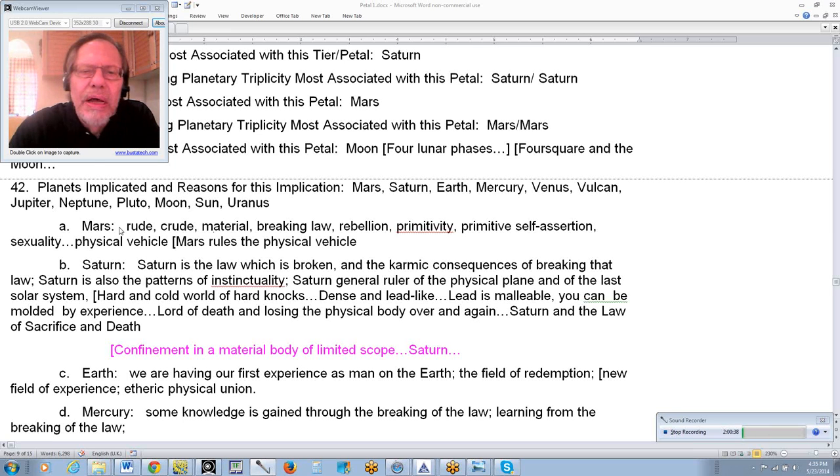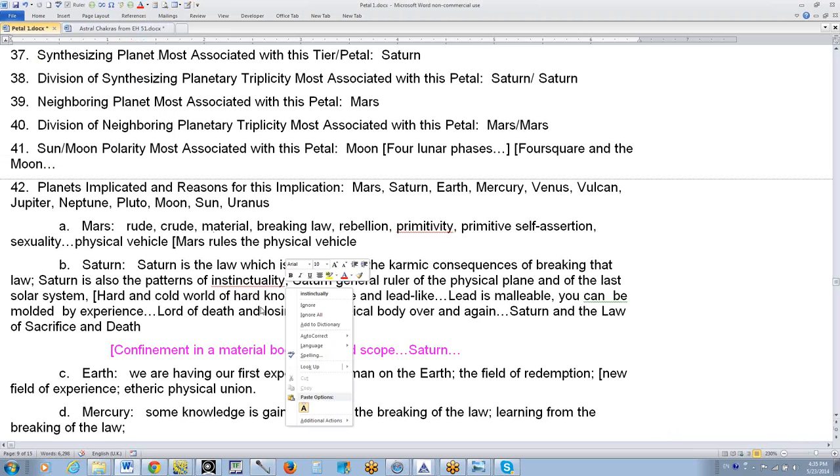Saturn is the general ruler of the physical plane, especially the dense part, Uranus of the etheric part, and of the last solar system. So Saturn applies in the case where we have a hard and cold world of hard knocks. It's dense and lead-like, but lead is malleable and you can be molded by experience.